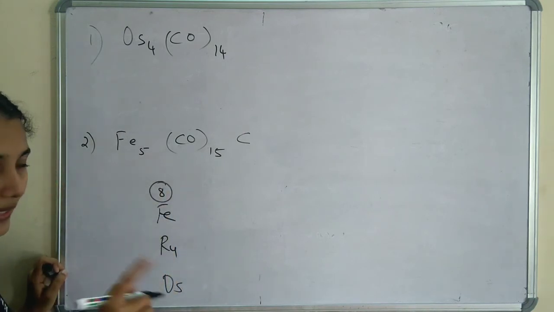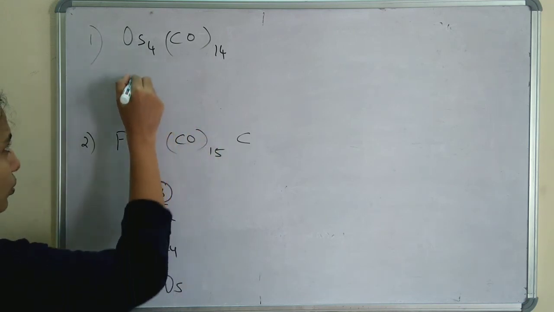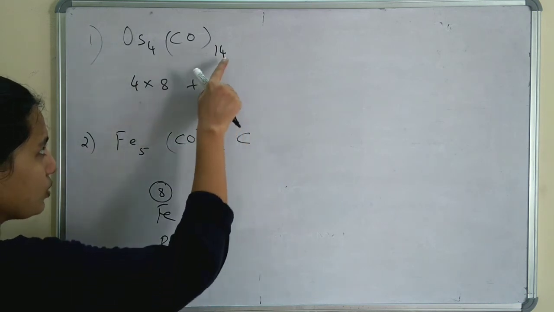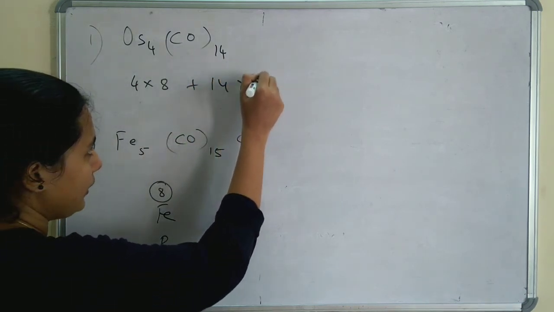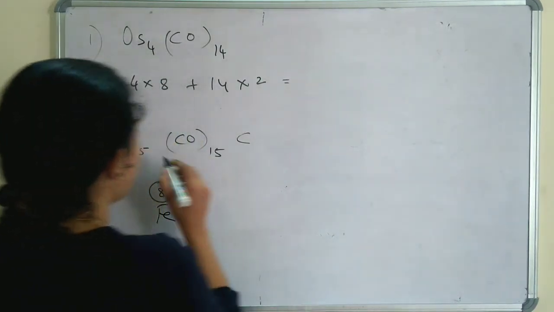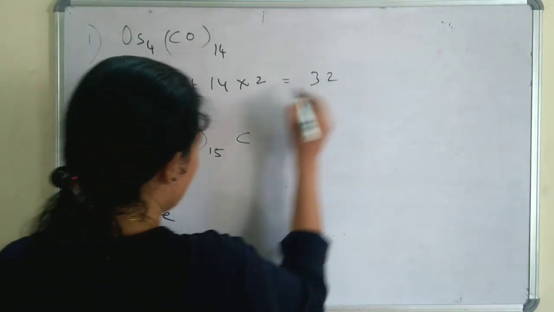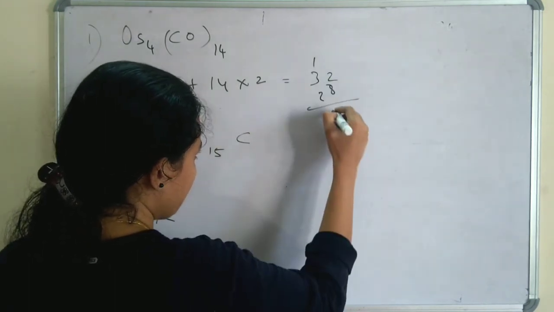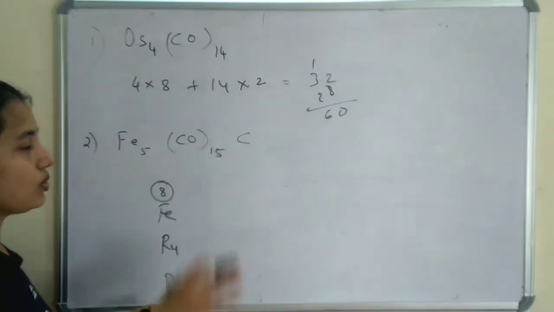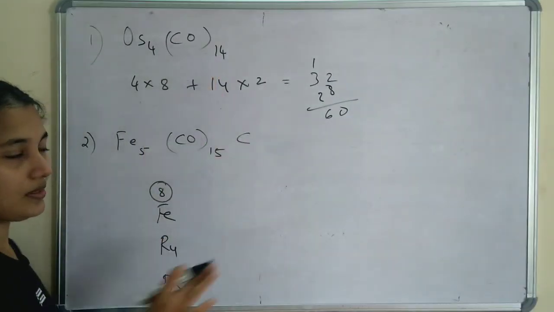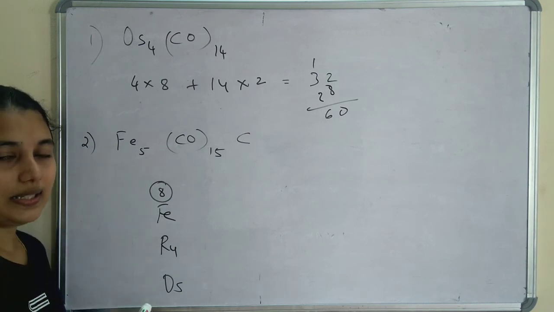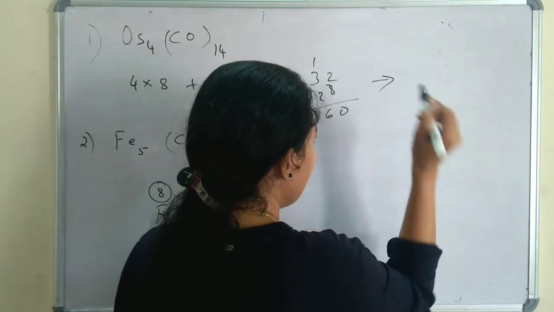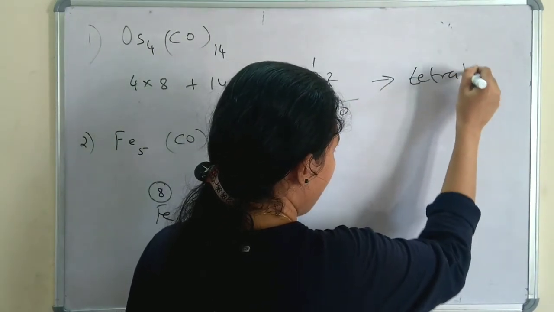So osmium gives 8 electrons, 4 into 8, plus each CO gives 2 electrons, 14 into 2. 4 eights are 32, 14 twos are 28, so the total electrons in Os4(CO)14 is 60. For 60 electrons the geometry will be tetrahedron. So just remember that table.